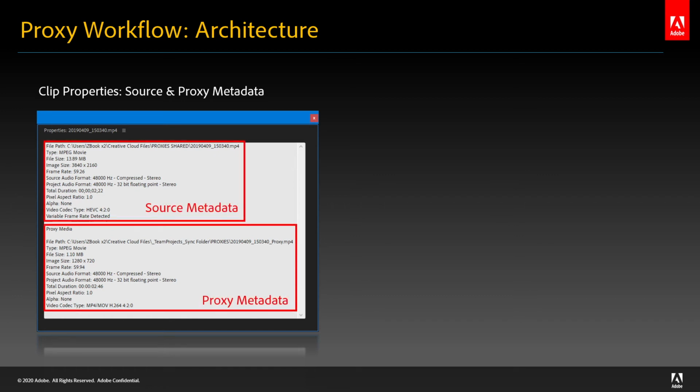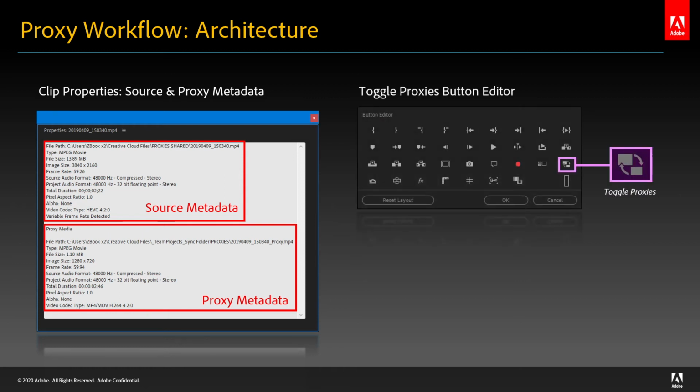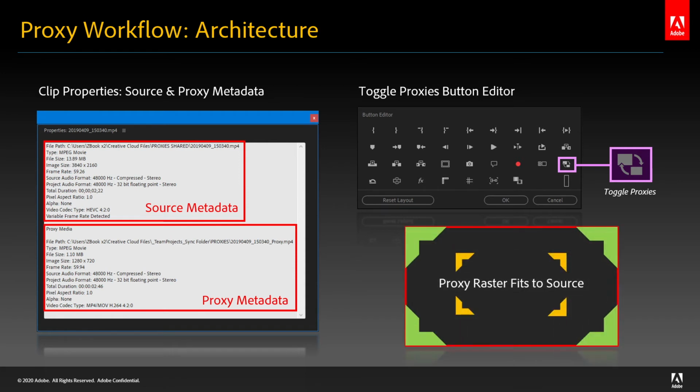One for the original imported media and a second status of metadata for attached proxies. This allows users to actively toggle playback in Premiere Pro from attached proxies or the source. For accurate effects work, Premiere Pro scales any proxy raster differences to fit the source dimensions.